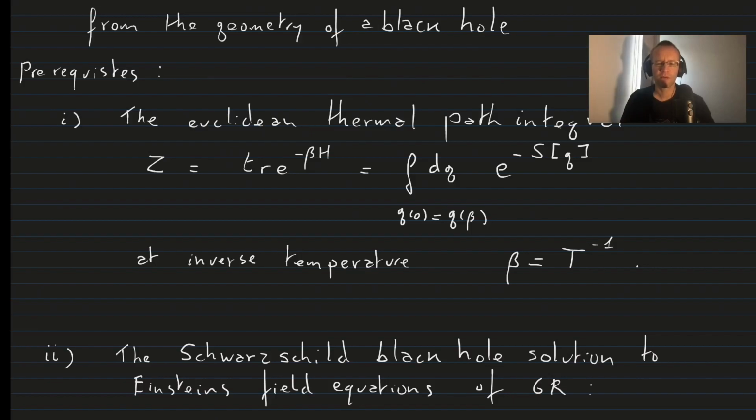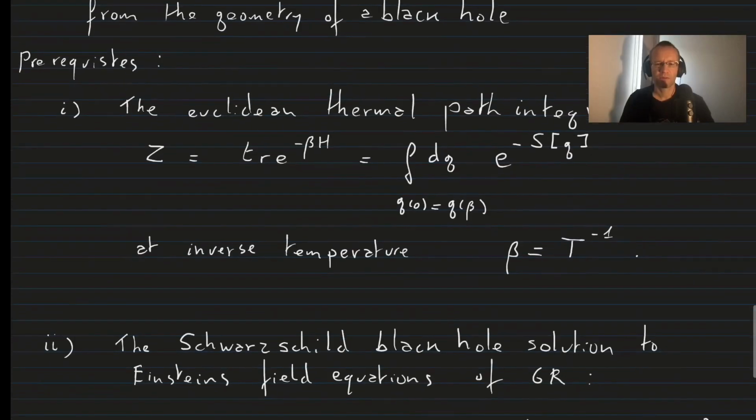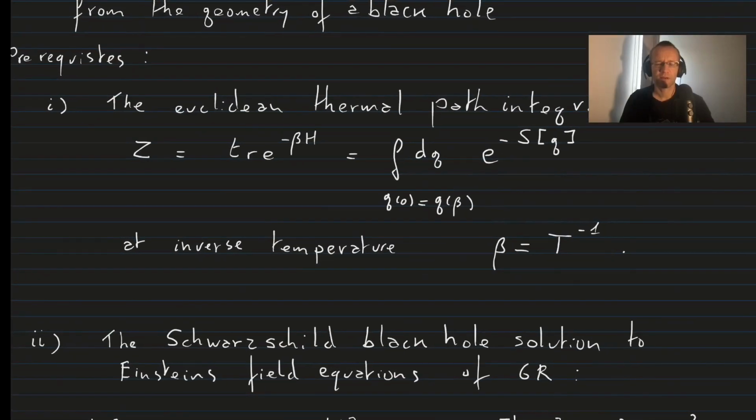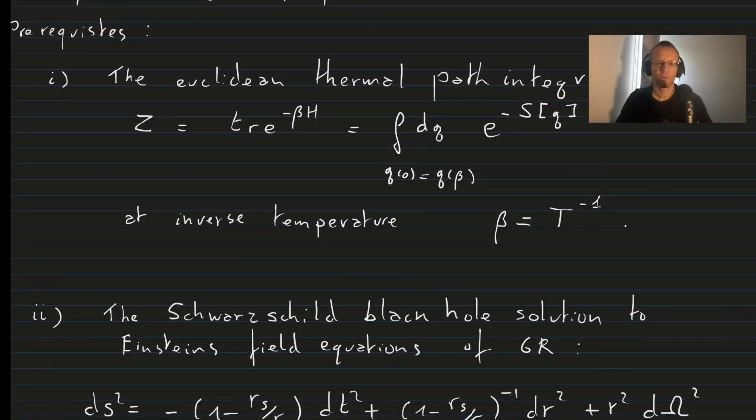And this is equal to the path integral over the fields, weighted with some Euclidean action, where the path integral is compactified in time. So this is very important. The Euclidean time is compactified with the radius beta.